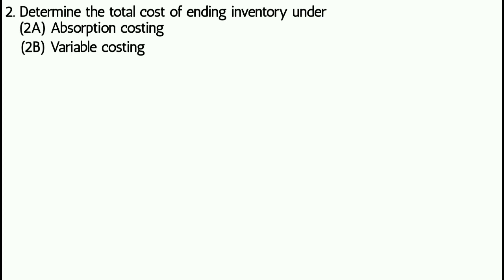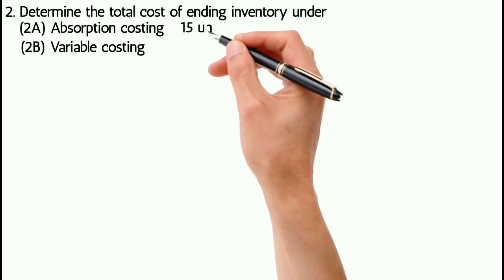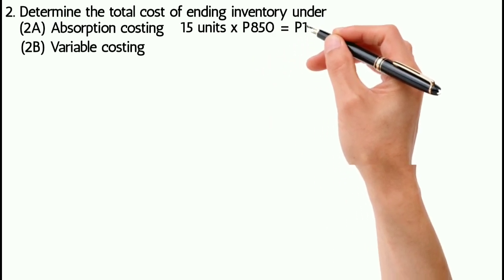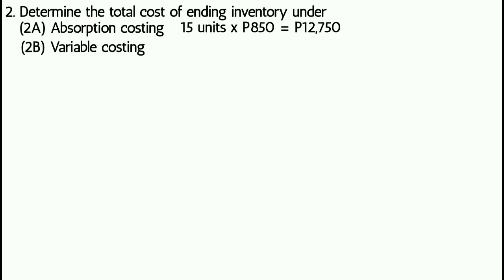Imumultiply natin yung 15 units sa inventory cost per unit under absorption costing na 850 pesos. 15 units times 850 pesos, that is equal to 12,750 pesos. And that is the total cost of ending inventory under absorption costing.